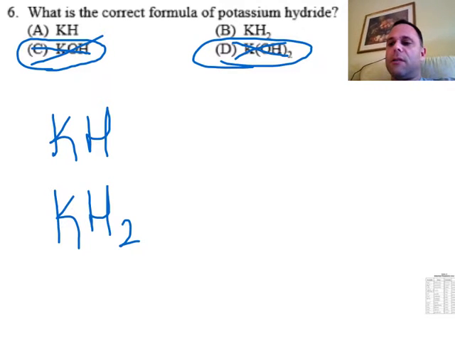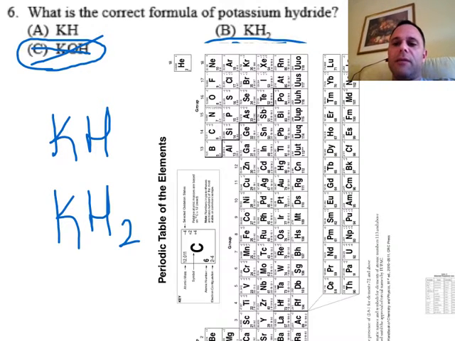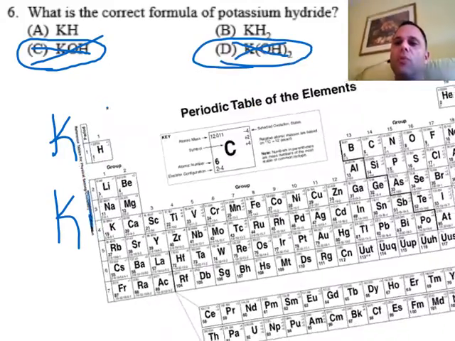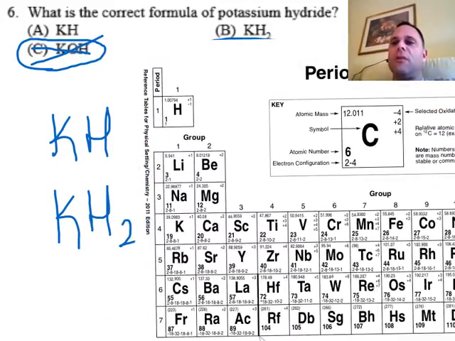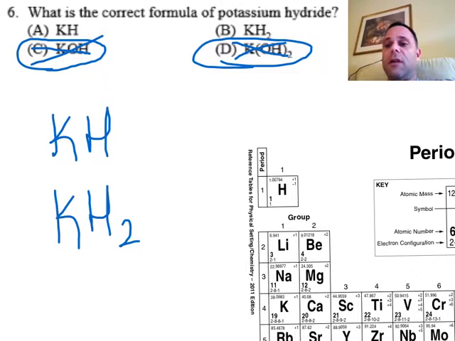Let's take a look at potassium, see what its charge would be, and hydrogen also. And they are right here. Potassium is +1, and hydrogen could be a -1. So let's put that in and see what makes sense. Grab a green pen this time.